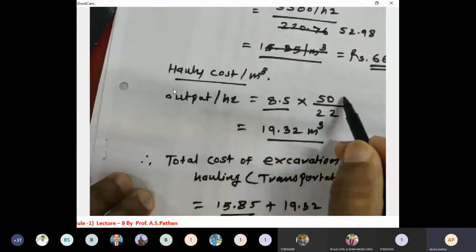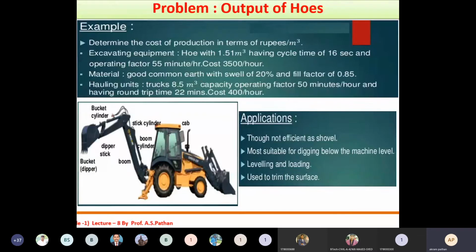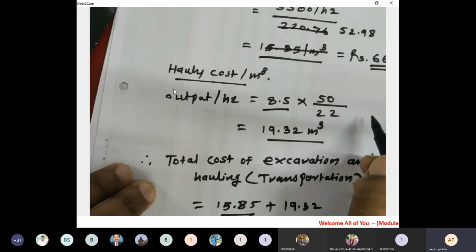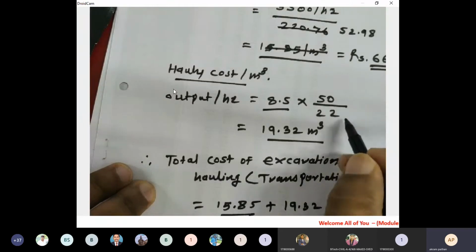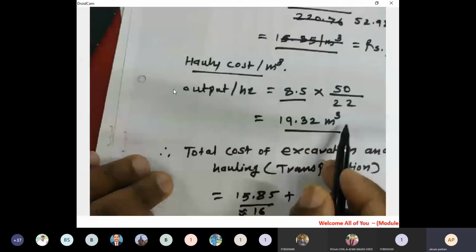This is the factor 50 minutes per hour, and this is the trip time 22 minutes, meaning the loading and unloading, 22 minutes per trip. So we have calculated the output per hour as 19.32 meter cube.